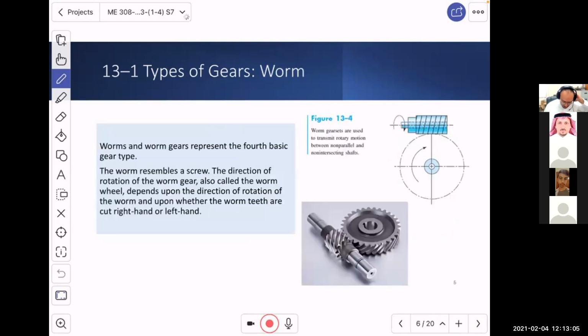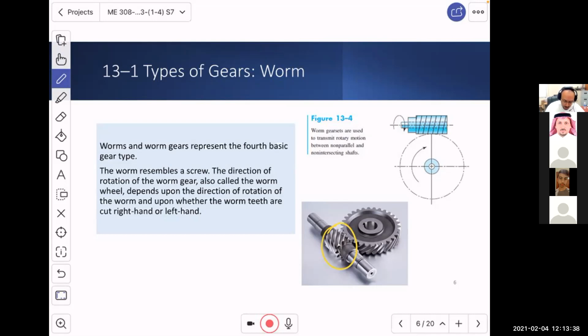So the fourth type, ya shabab, is the worm gear. The worm gear is also a very fundamental part of the car, because actually, if I'm not mistaken, if this is still the way it goes, the steering wheel, when you steer your car, that long shaft will end up joining another shaft in this way, and that's how you steer.